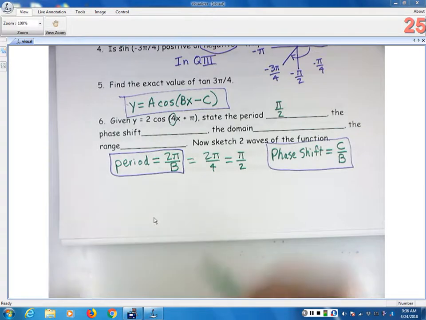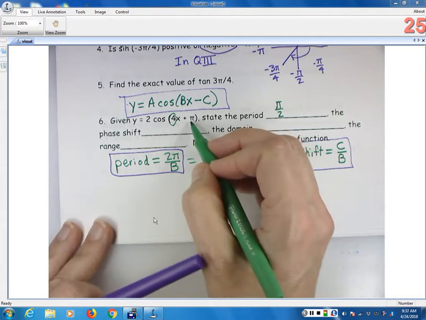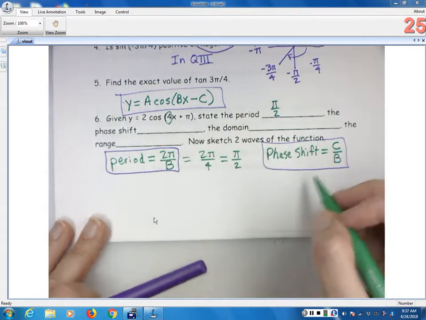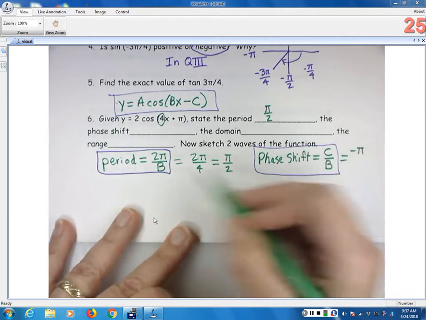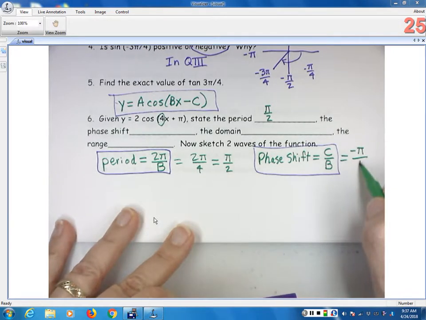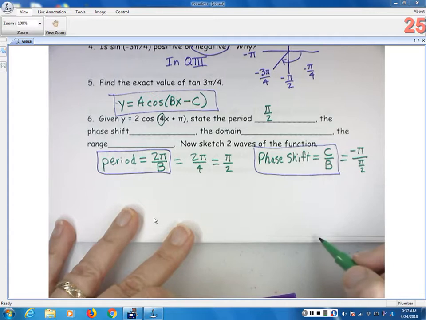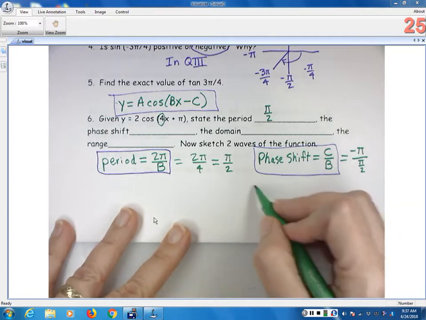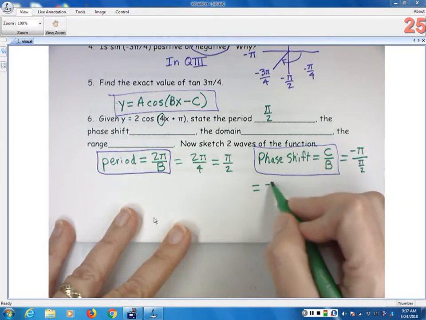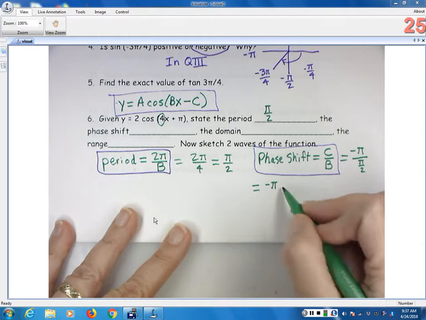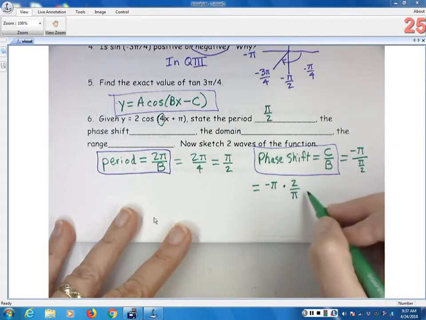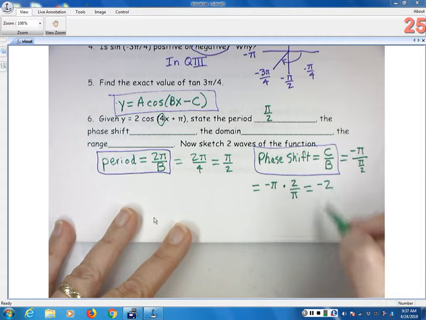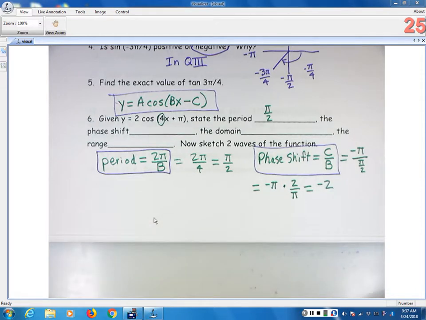C is negative pi. Can you see that? Yeah. Okay, so we got negative pi, and we just found B was pi over 2. So that's negative pi divided by pi over 2, or times 2 over pi, is negative 2. No, why did I say that?